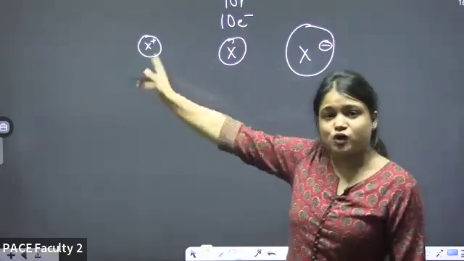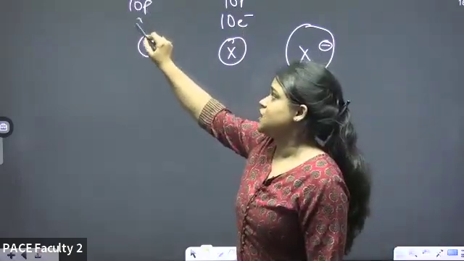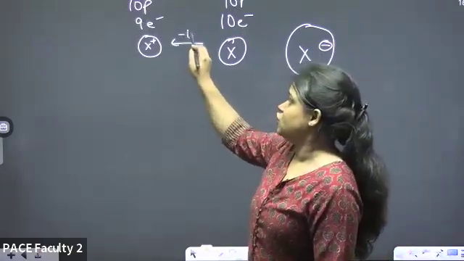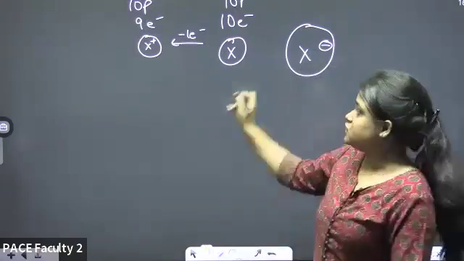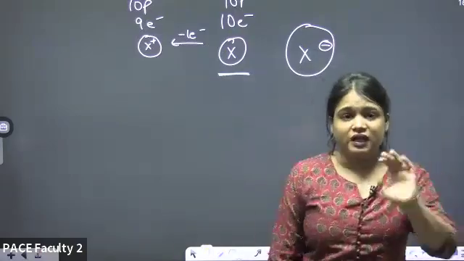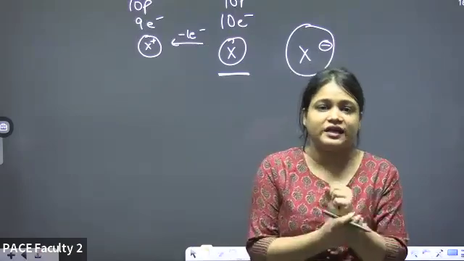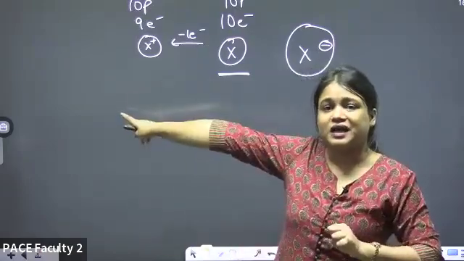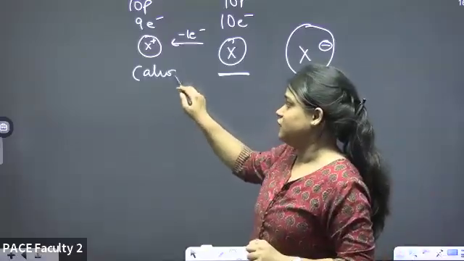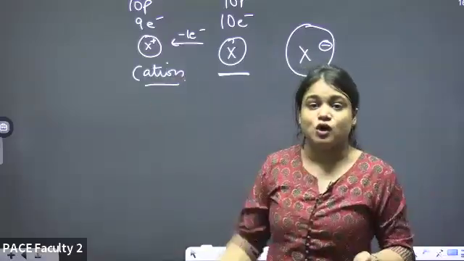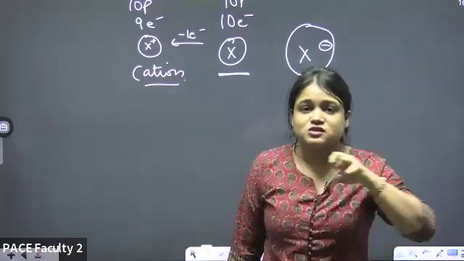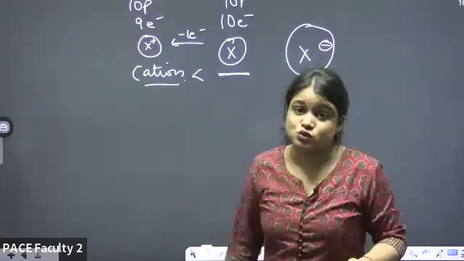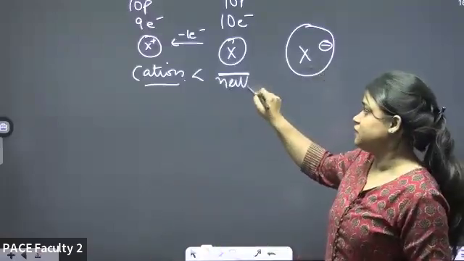In case of X positive, it will now have 10 protons, but 9 electrons, because X positive formed means there is a loss of 1 electron. Initially, 10 protons were pulling 10 electrons, but in case of the cation, there are a larger number of protons but a lesser number of electrons. That is why the pull became stronger, and the size became smaller than the neutral one.